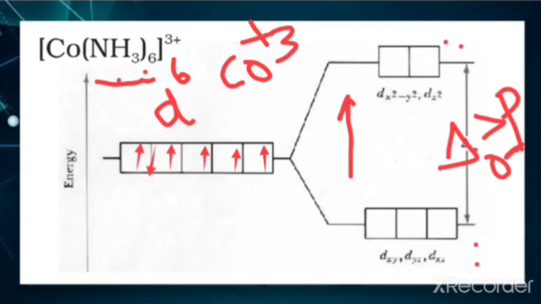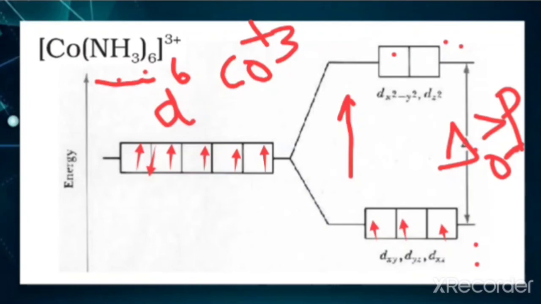So now we will be doing the filling of 6 electrons. That is first electron here, second here, third here. Now where will the fourth electron go? Does it go in this, that is in the dx2-y2, dz2? Does it move there?